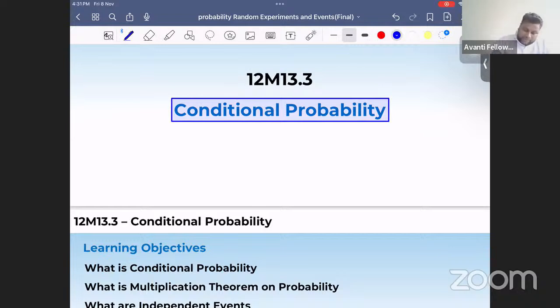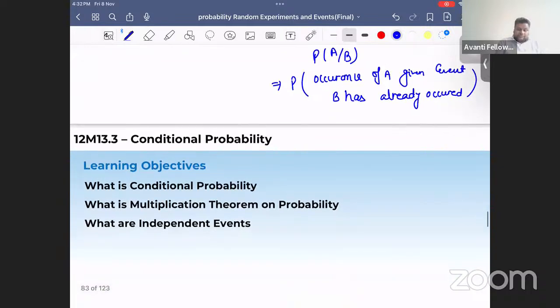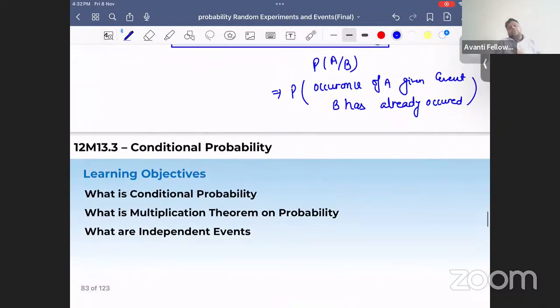We express it like probability of A upon B, and we read it as the probability of occurrence of A given that event B has already occurred. So P(A/B) is the probability of occurrence of A given event B has already occurred. Got it? This is what we call conditional probability.